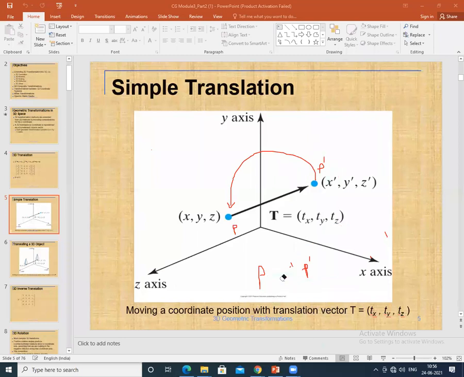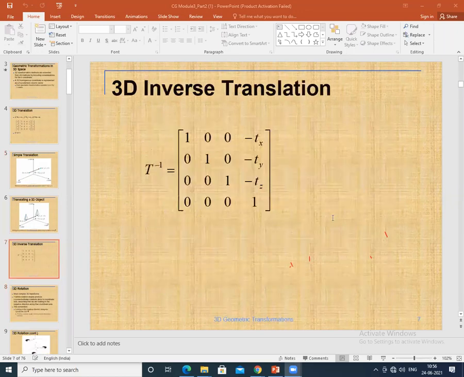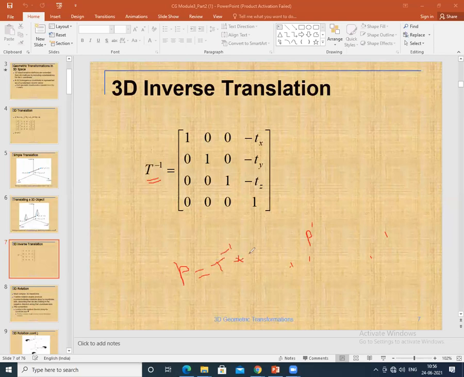Let me go to the equation. Here, the negative translation is represented. I'm again obtaining a new point p, by multiplying the negative translation factor T to the power of minus 1 with p dash.